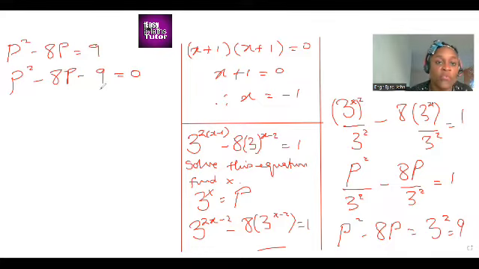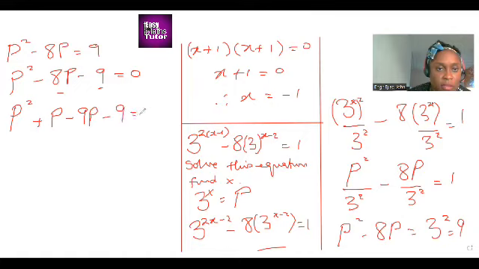So we're looking for factors of 9 that when you multiply, give minus 9, and when you add, give minus 8p. Those factors are minus 9p and plus p. Remember, 1 times minus 9 gives us minus 9, and p minus 9p gives us minus 8p.